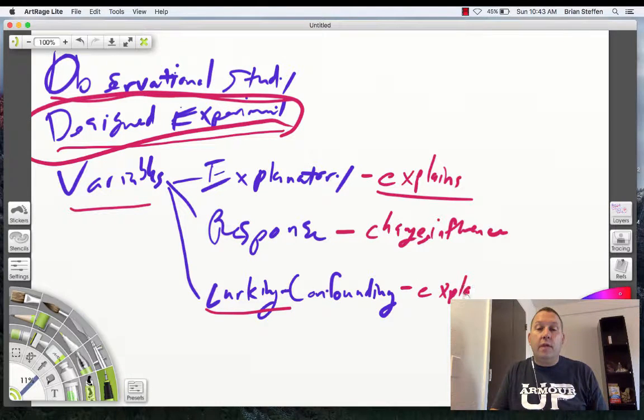And the two of them together cause this change. Okay? So maybe these are the causes and they both cause that effect. And that's what we do designed experiments for, is to find out how does this explanatory variable actually affect this response variable.